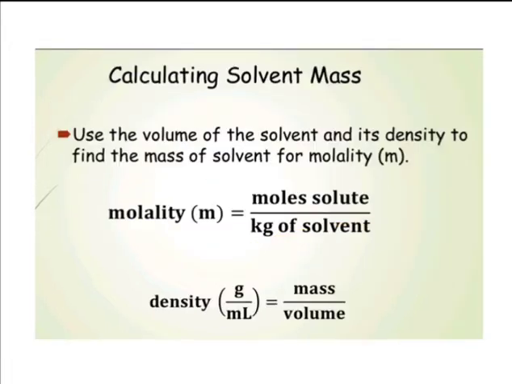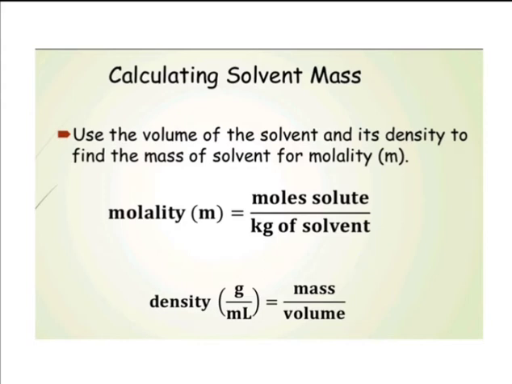Now we have to calculate the solvent mass. So use the volume of the solvent and its density to find the mass of solvent for molality m. Molality m is equal to moles of solute divided by kg of solvent. To find the mass of the solvent, you can use the equation density is equal to mass upon volume, so density into volume is equal to mass.